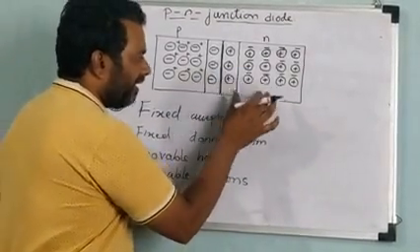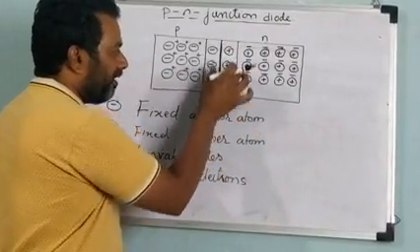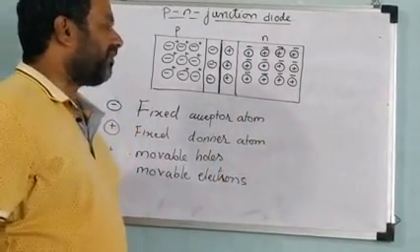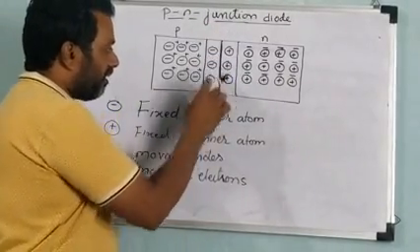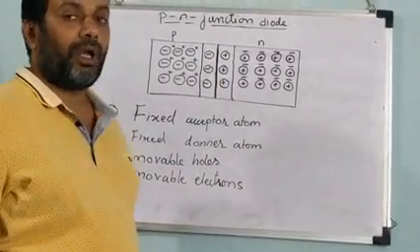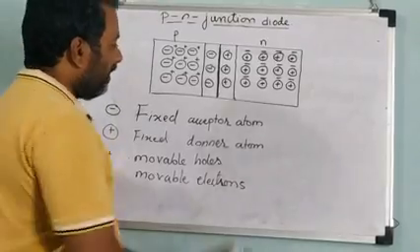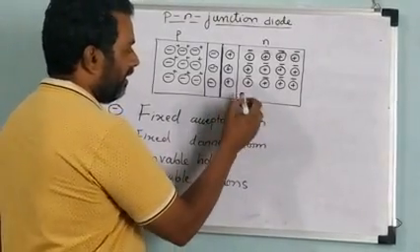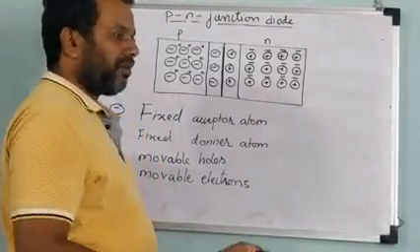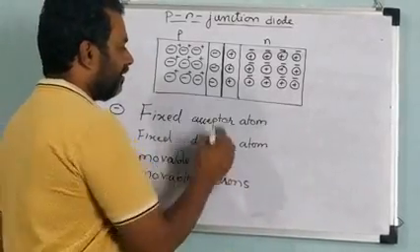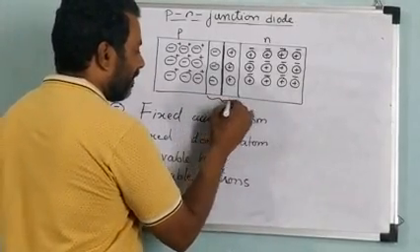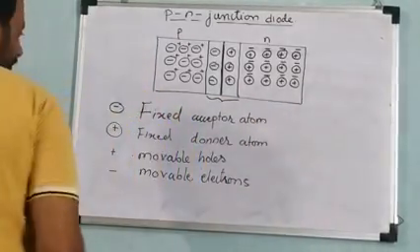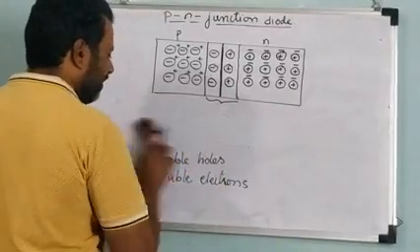On the n side, there will be a layer of atoms with a deficiency of electrons, and on the p side, a layer of atoms with a deficiency of holes. So we say that in this region electrons are depleted on the n side and holes are depleted on the p side, and that is why this layer is called the depletion layer.